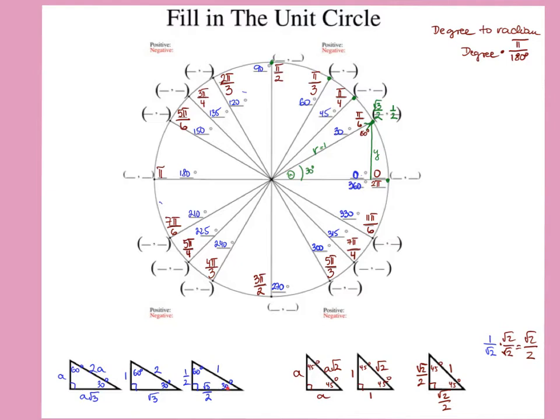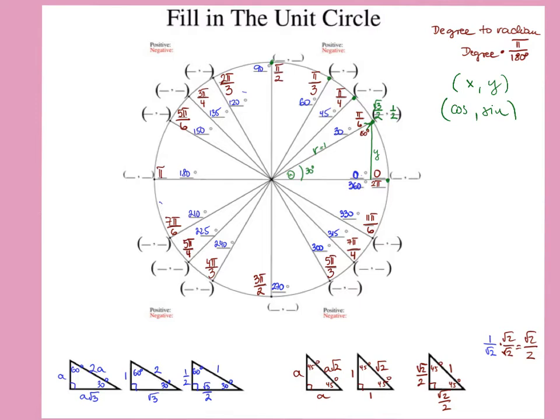And cosine 30 is adjacent, √3 over 2 divided by hypotenuse, which is √3 over 2. So from here, I can say that the ordered pair x and y is really the cosine and sine values, where the x coordinate is the cosine value and the y coordinate is the sine value.